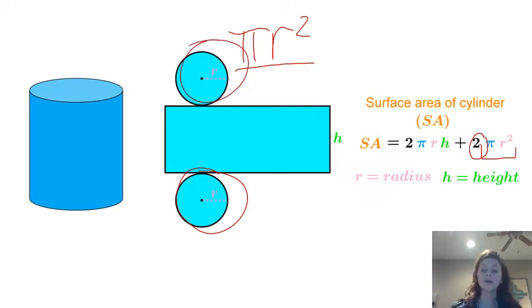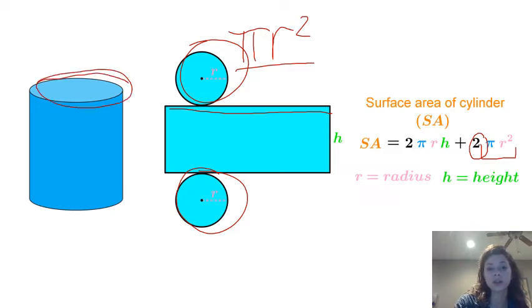Now, we're not going to go completely into the second part, but quickly, this length right here is actually the circumference of the circle, right? Because it has to match up to the circle. So to find the circumference of the circle, that's included in this portion over here.